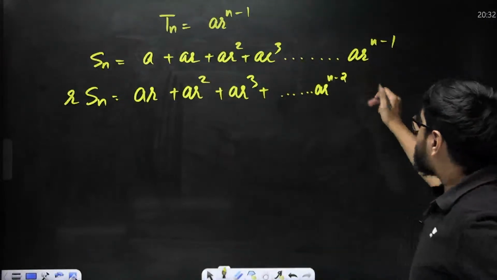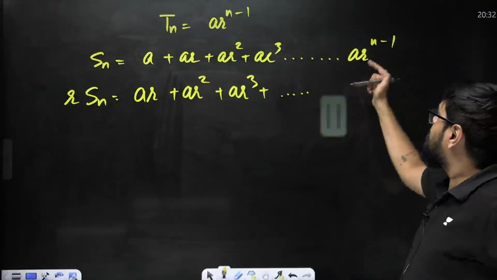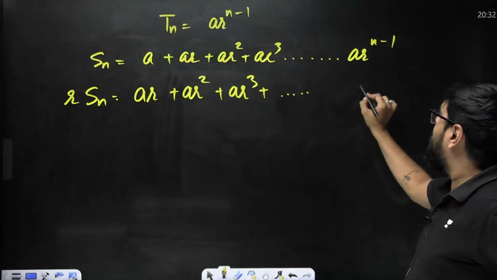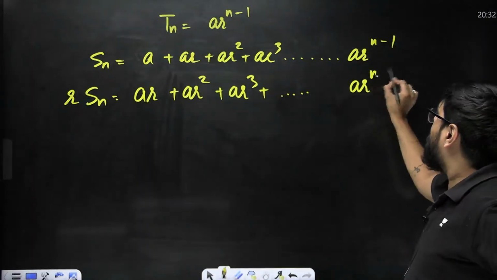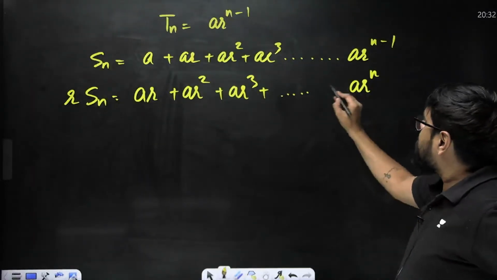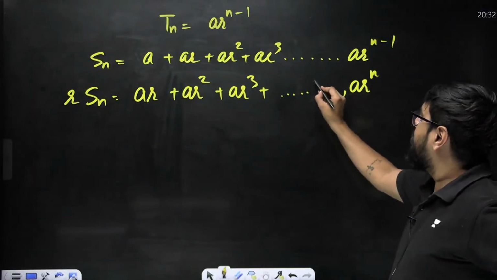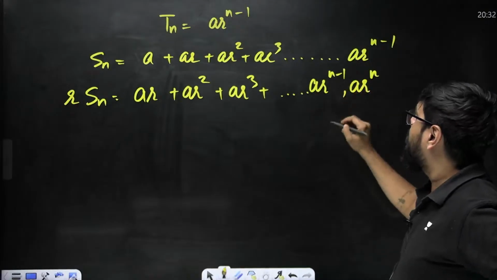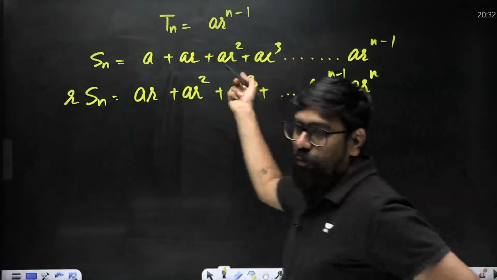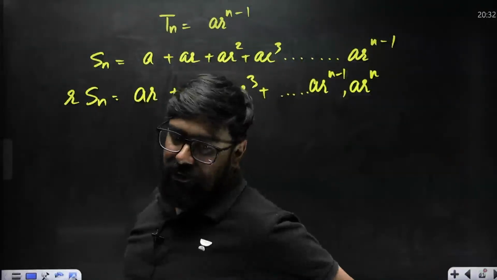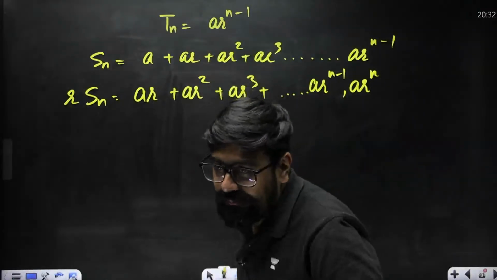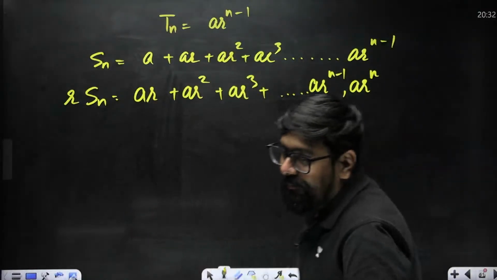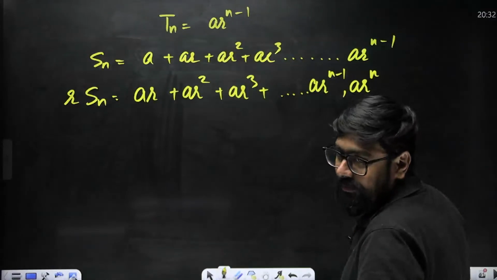What will this term become? When I multiply with R, I'll get AR to the power n. And the second last term will be AR to the power n minus 1, because before this it is n minus 2 multiplied with R, n minus 2 plus 1 will be n minus 1.